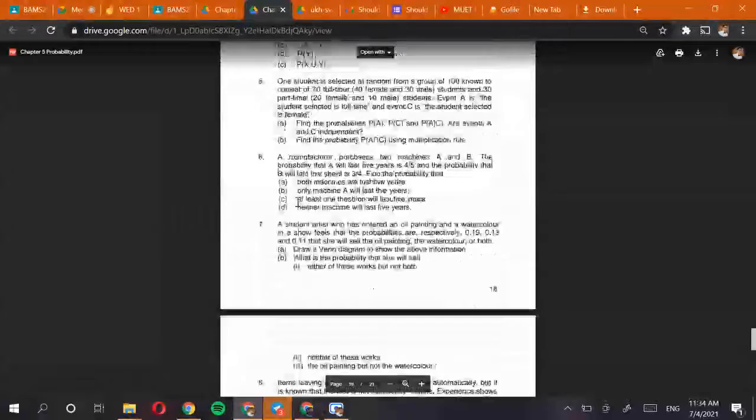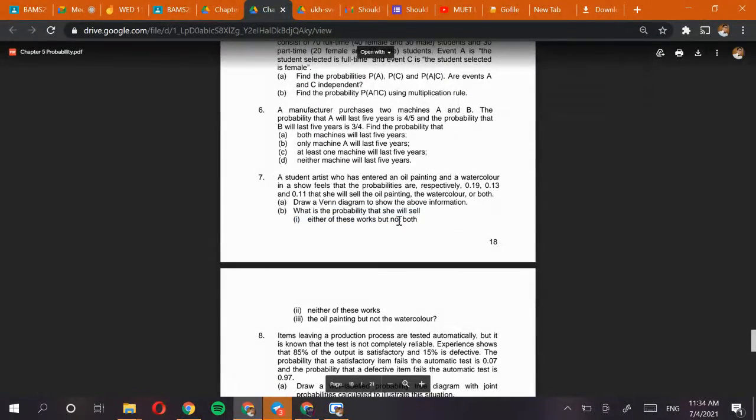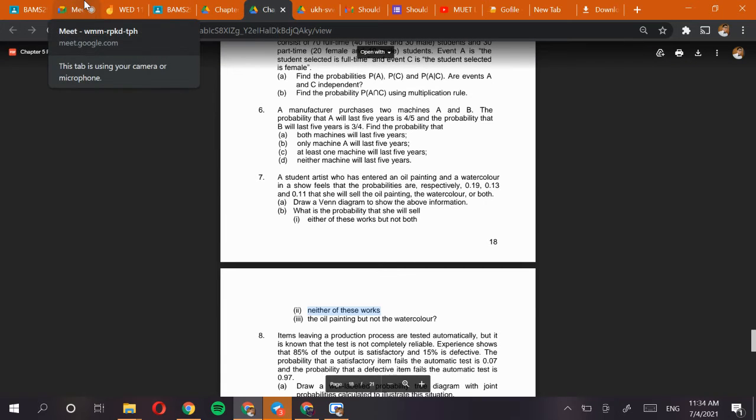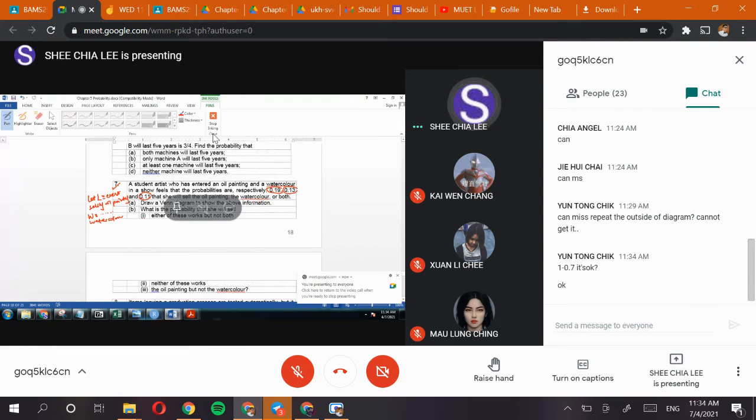All right. So for this one, it said to draw a Venn diagram to show the above information. I always say fill in the intersect first.